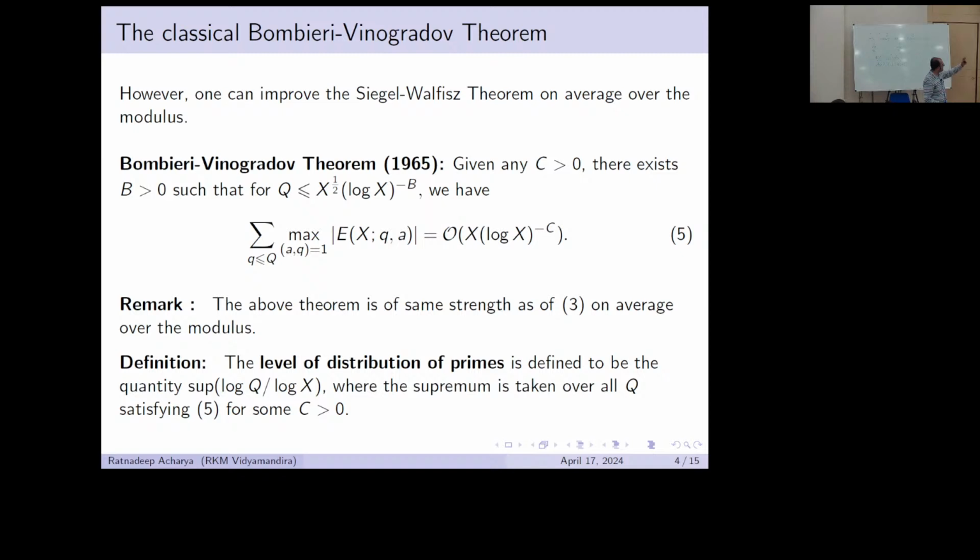Yes, but q always depends on x. For example, you can take any given x large enough, and any q less than square root x times log x to the power minus B. Roughly, in practice, q can be taken as some power of x.